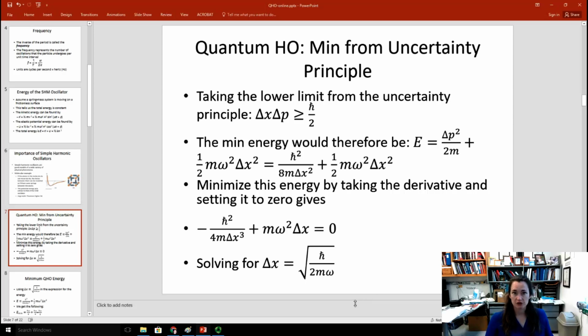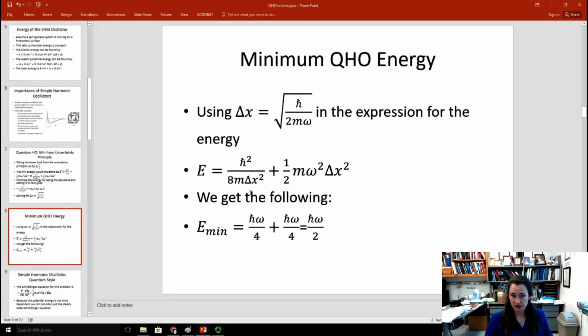Negative h bar squared over 4m delta x cubed plus m omega squared delta x is equal to 0. Then I solve for delta x, and I get delta x is equal to the square root of h bar over 2m omega. Now if I take that value and plug it back into my expression for the energy, then I end up with h bar omega over 2 for the minimum possible energy of my quantum harmonic oscillator. And this turns out to be the correct answer when we solve the Schrodinger equation.